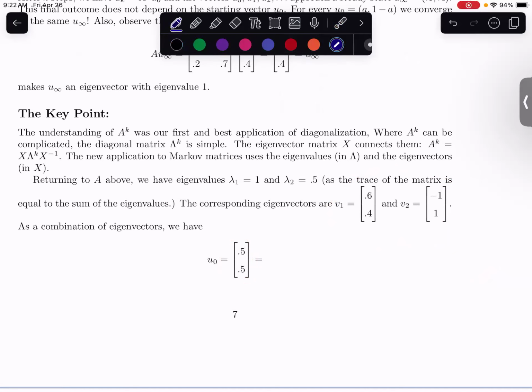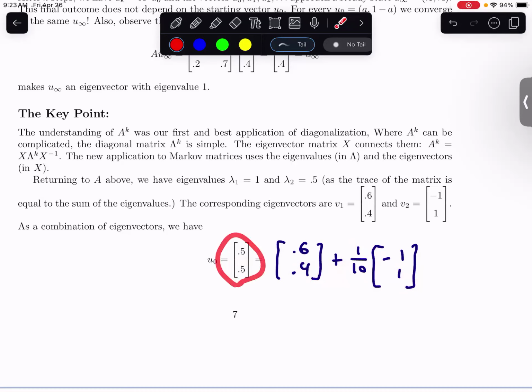You can see this ends up working, right? If you do 0.6 plus -1/10, you would get 0.5. And then 0.4 plus 1/10 would give you 0.5. So this is how you can express this vector u naught as a linear combination of eigenvectors.